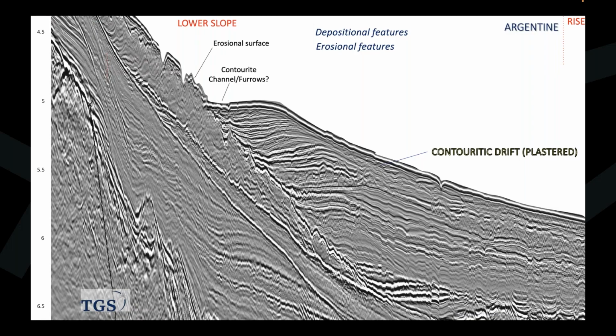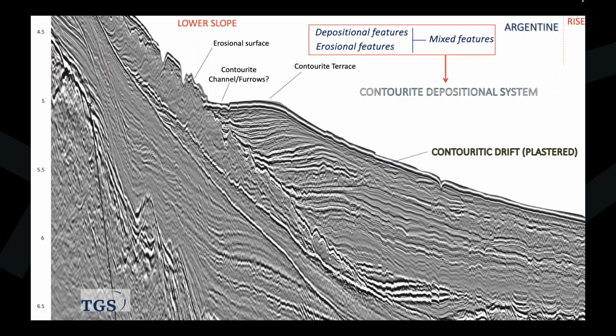We can see erosional surfaces, or we can see what we call mixed features. It's not a mixed system, it's a mixed feature, because the processes change over time, and sometimes some features are more depositional and then change to erosional. And that is why it is mixed. But the reality is that all of the features, laterally and vertically, are together, forming what we call a contourite depositional system. That is a concept similar to, for example, the turbidite depositional system.